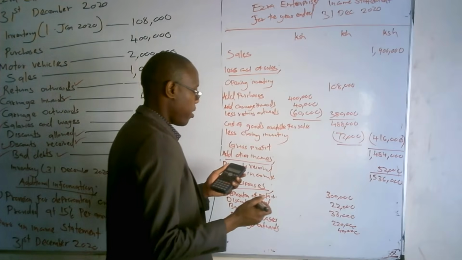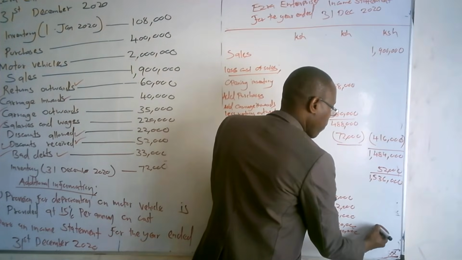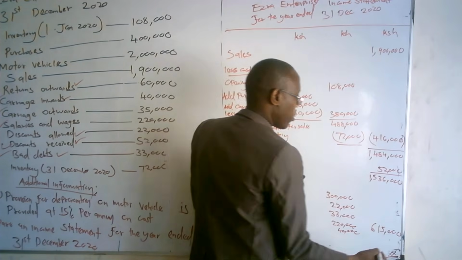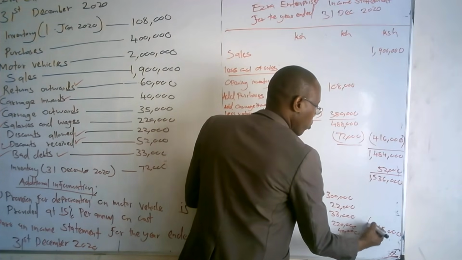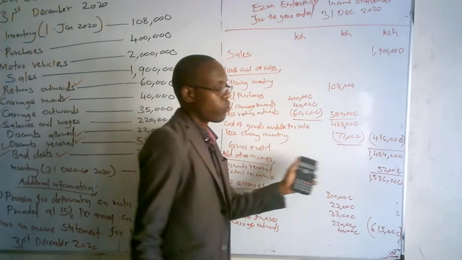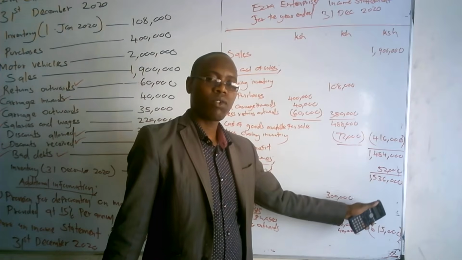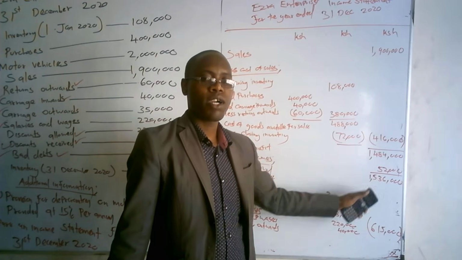And the answer that I have is 615,000, and that's the total expenses. So you transfer it to the third current sign. That's 615. You transfer it here so that you subtract it from the total income.